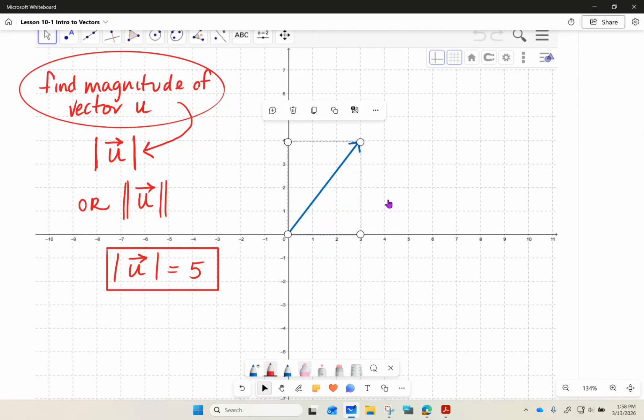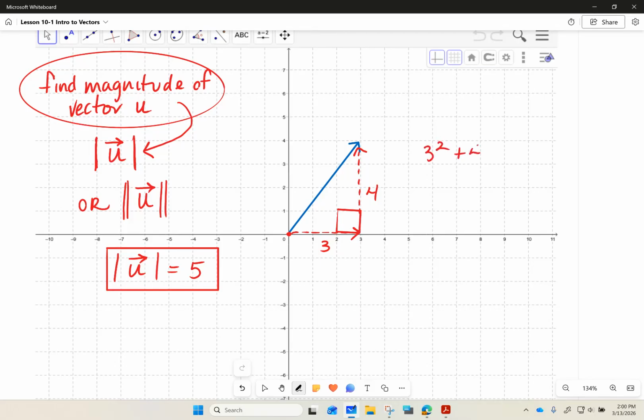What I'm hoping you are noticing by now is that this vector has an x component to it, and it has a y component to it. Do you notice that? The x component is a 3 and the y component is a 4. So let us do 3 squared plus 4 squared to get that hypotenuse, right?